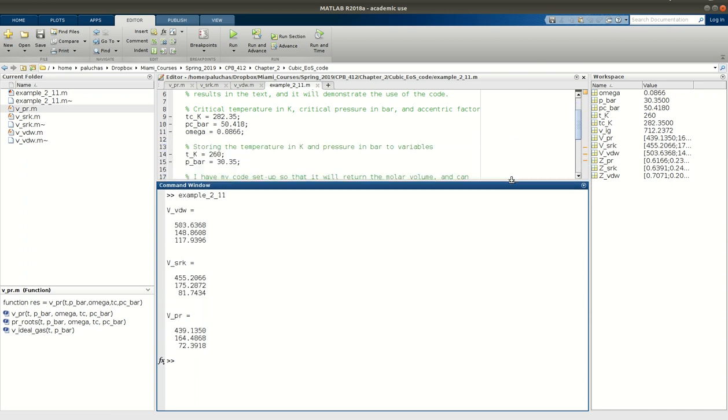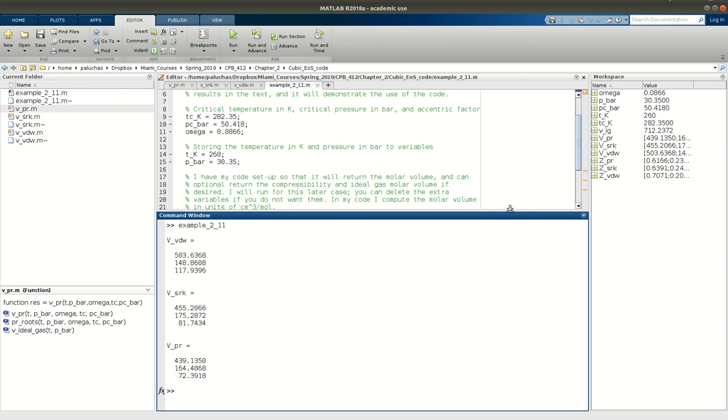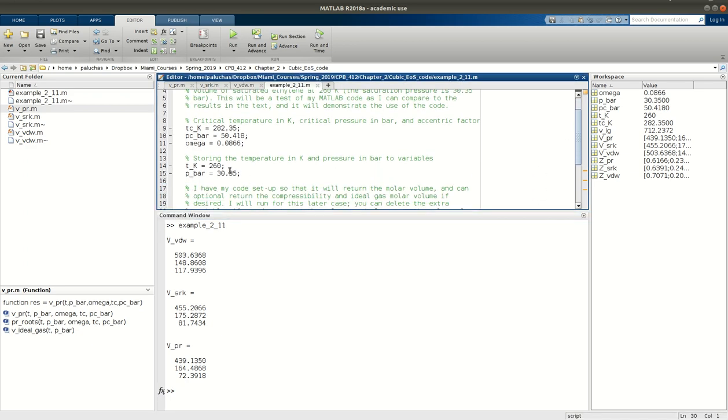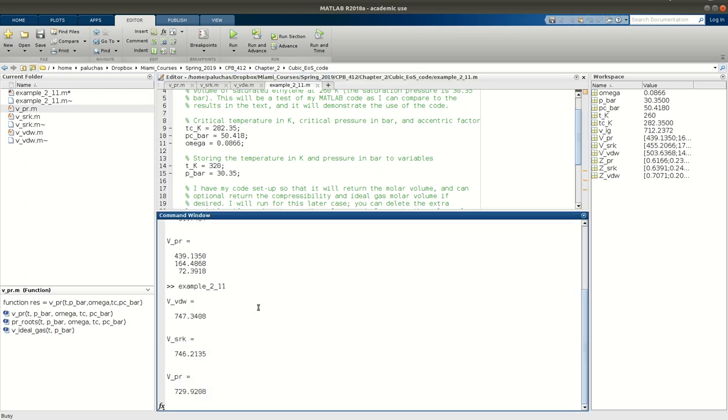If my temperature and pressure were different, so that I only had a single real root, let's just see, I haven't tried this, but if I make this 320 Kelvin and rerun it, in that case I just get a single molar volume, because my code only returns real roots. At a pressure of 30.35 bars and 260 Kelvin, I'm at saturation.